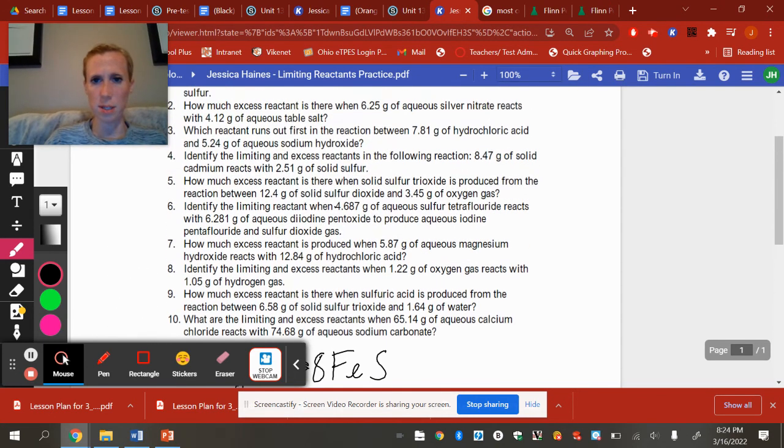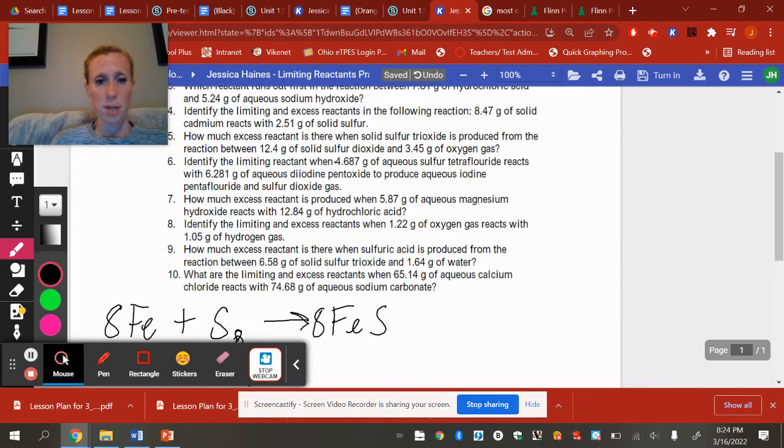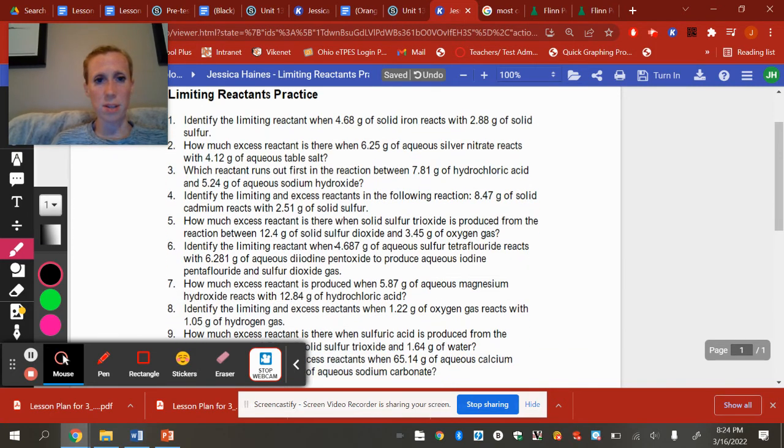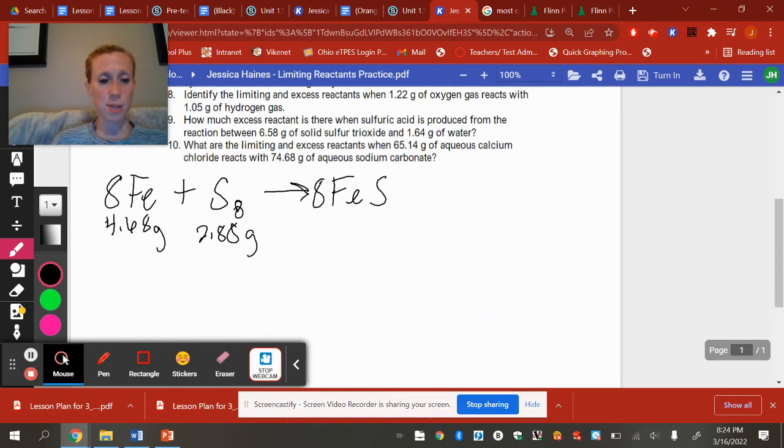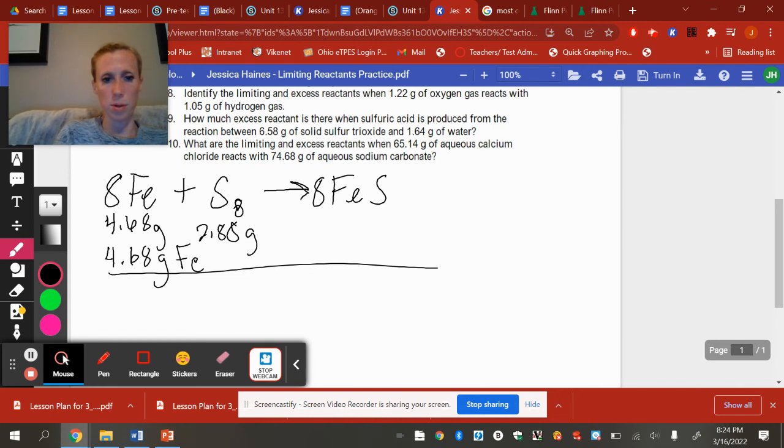2.8, is it 8.8? Yeah. Okay. So I only have one product to build to this time. The question is only asking me to identify the limiting reactant, nothing else. So that's actually a really easy one. I'm going to start one bridge with 4.68 grams of Fe, build a bridge.